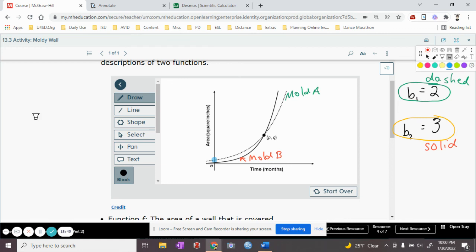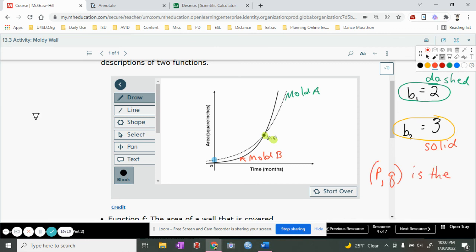Mold B. And what does this point PQ mean? If you may remember from first semester talking about systems of equations and how where those graphs cross or intersect is our solution to the system. That's our intersection point.